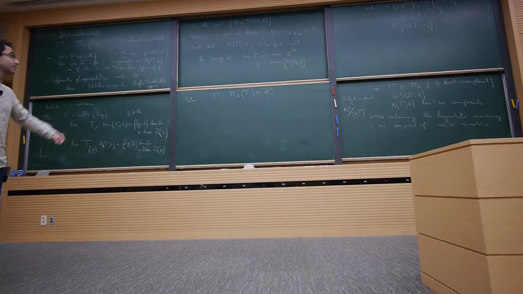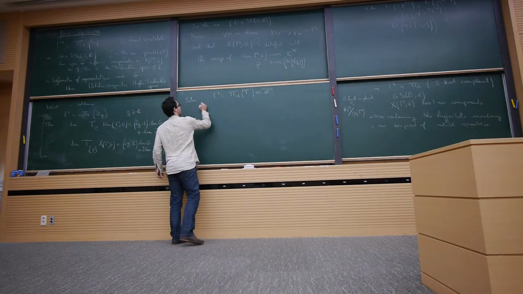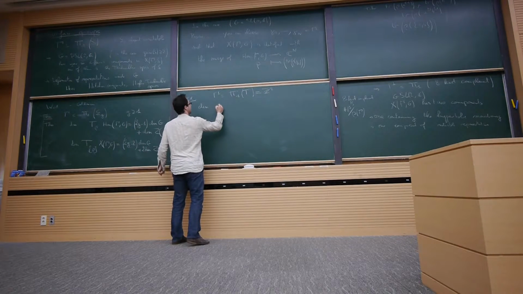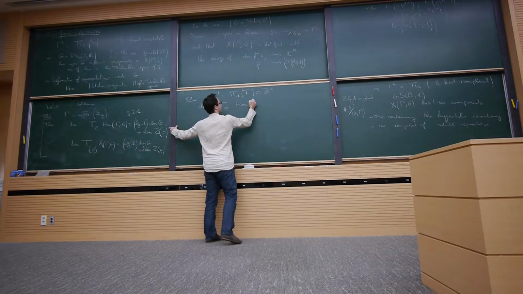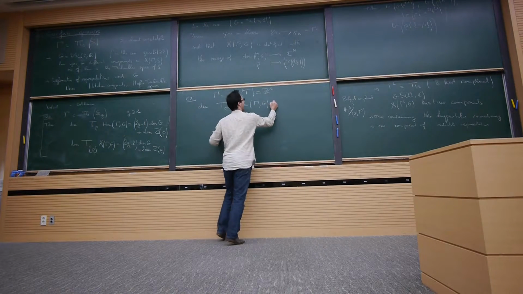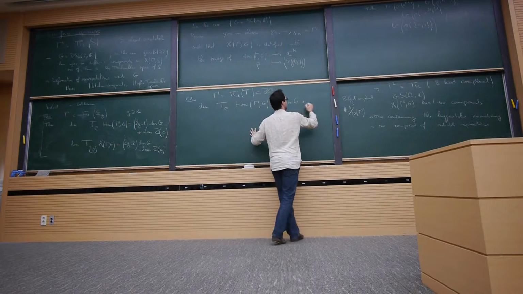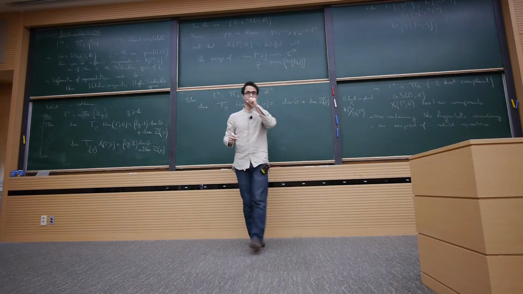So if gamma is the fundamental group of the torus, it's Z^2, and here you have the dimension. The dimension at a point of the representation variety is dimension of G plus dimension of the centralizer of rho.